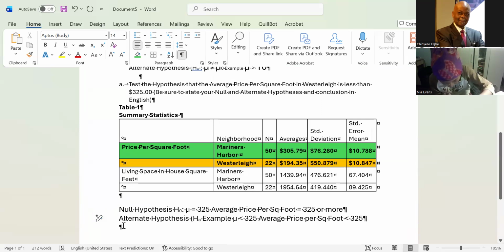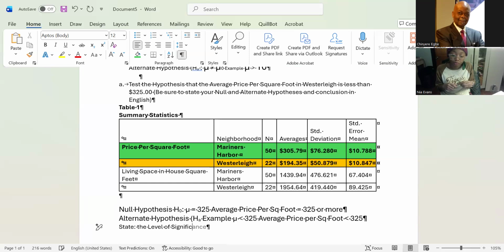And so now we state the level of significance. The level of significance is 2.5%.